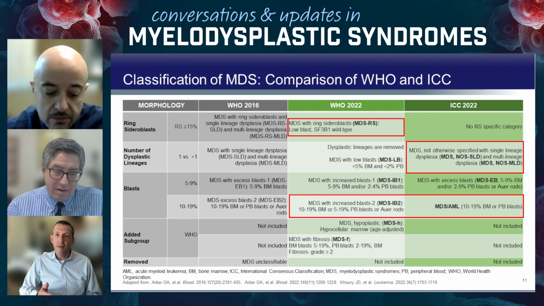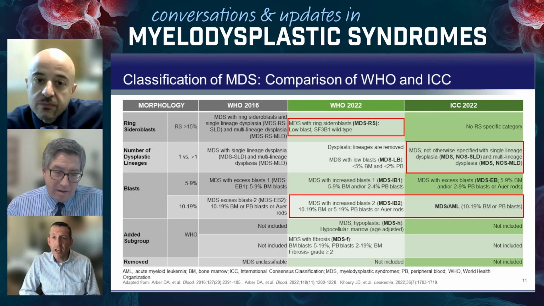With respect to revisions in the prognostic scoring system, as you've pointed out, we've gone into an era of formally including molecular abnormalities into the revised IPSS. Now, this has actually been done formally or informally for a few years.